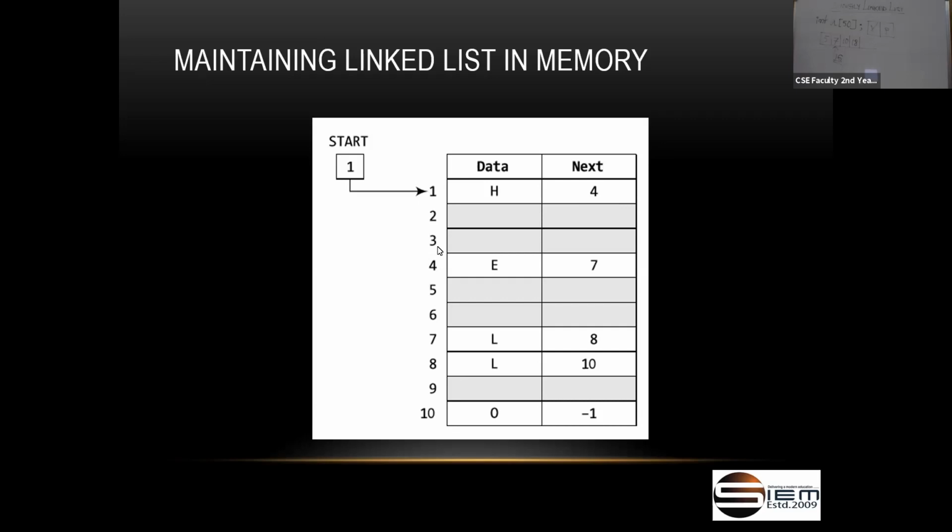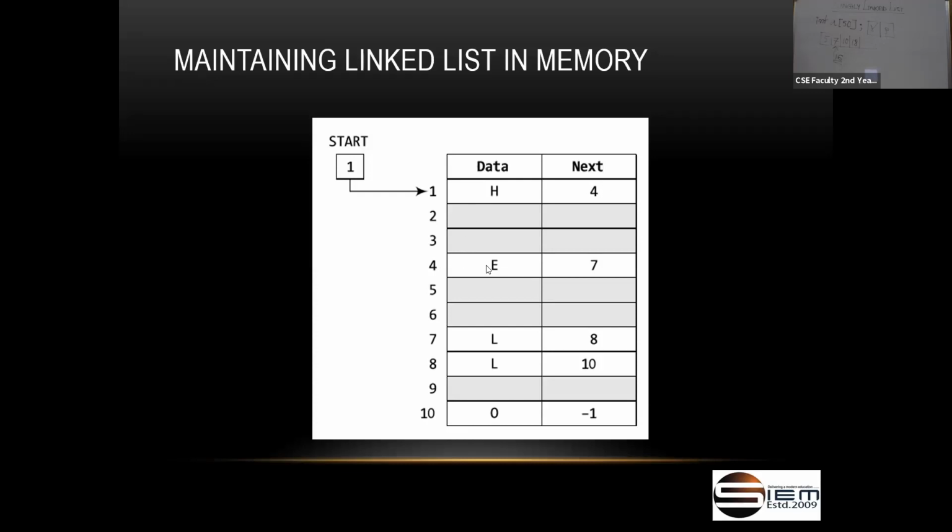So 1 to 10 represent the memory addresses. The starting address is present in the pointer called start or head. So the starting address is 1. If I look for what is stored in 1, I will get H. In the next part, I have 4. That means the next address that I have to look for is 4, the address of the next node.